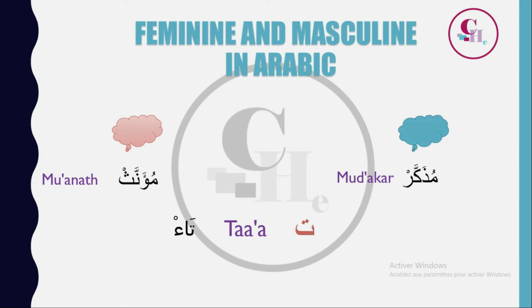When we talk about a girl, or when the gender is feminine, we add تاء. Without تاء, it means مذكر. With تاء, it means مؤنث, feminine.